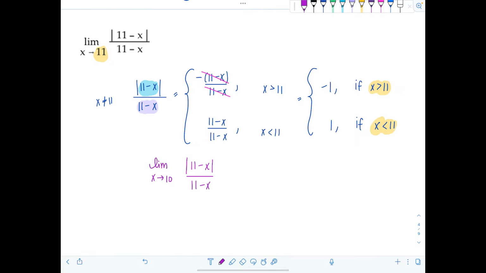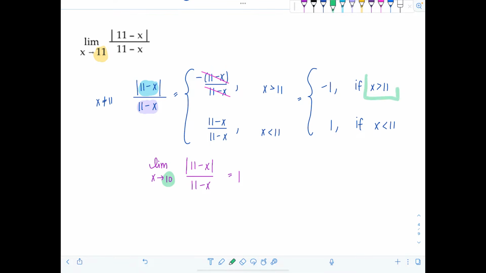You just go, oh, 10 is less than 11, right? So I'm going here, and that limit is 1. That's literally all you need to do, because 10 falls into this portion of the domain. Done. The tricky thing is when they ask you right where the domain splits.